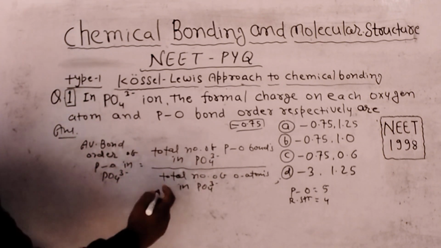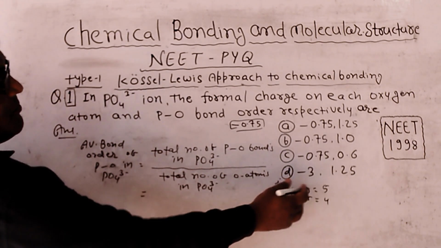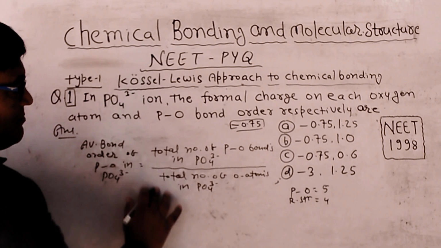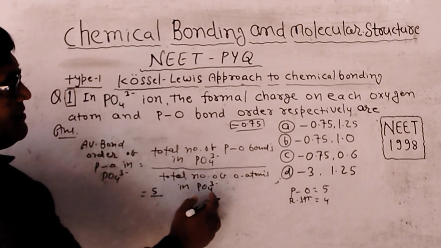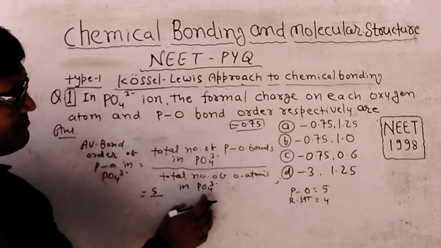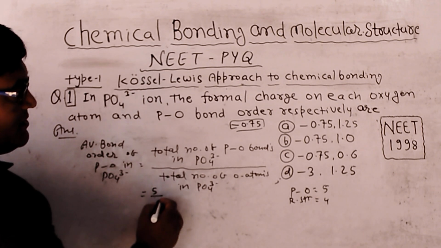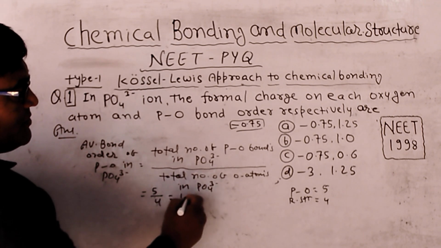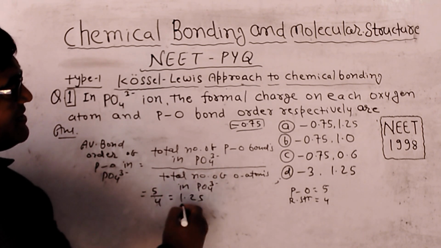Now the PO bonds are 5, and the total number of oxygen atoms in the phosphate ion is 4. So 1.25 is the second answer.